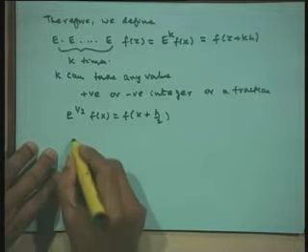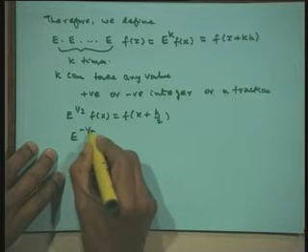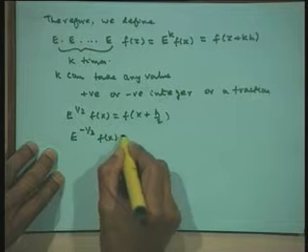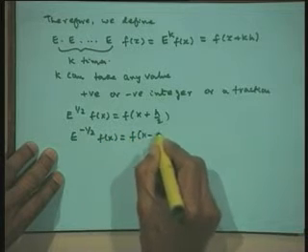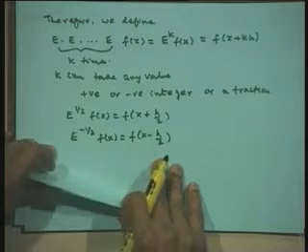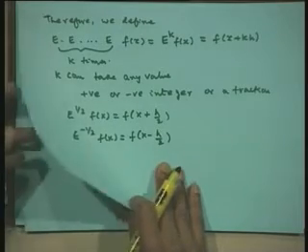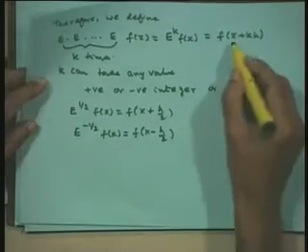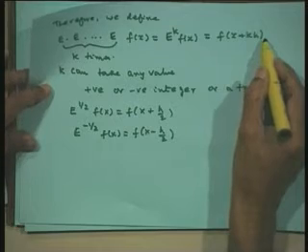Similarly, I can define e to the power of minus half of f x as f of x minus h by 2. Therefore, any fraction k can be taken and we shall define it as f of x plus k h.